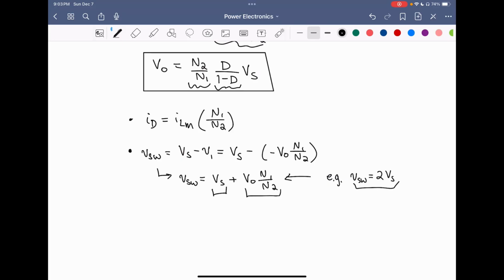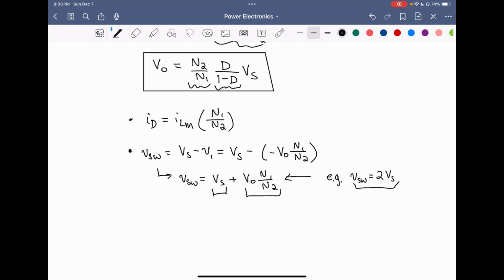So in this flyback converter, the slight drawback is the high voltage stress on the switch during this D prime T interval where the switch is off.